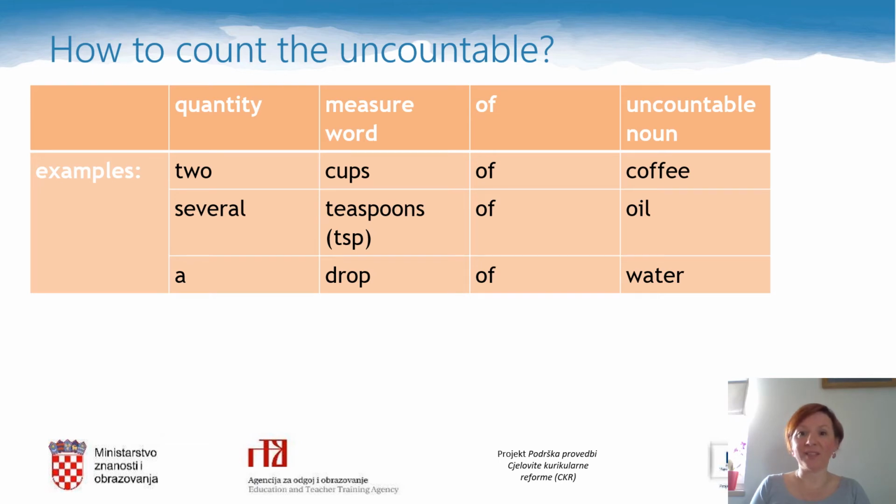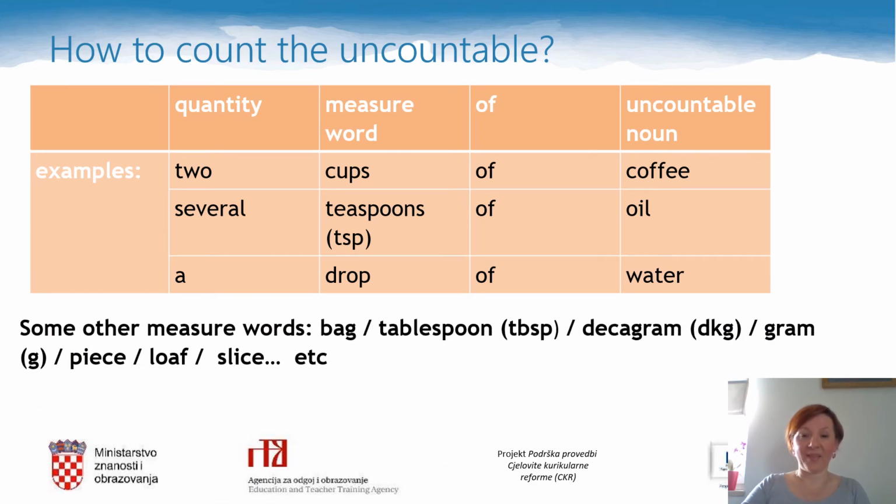You can't count water, but you can count drops of water, glasses of water, bottles of water, and so on and so forth. There are some other measure words like bag of something or tablespoon. The abbreviation is TBSP. Decagram, gram, a piece of something, a loaf of something, a slice of bread.